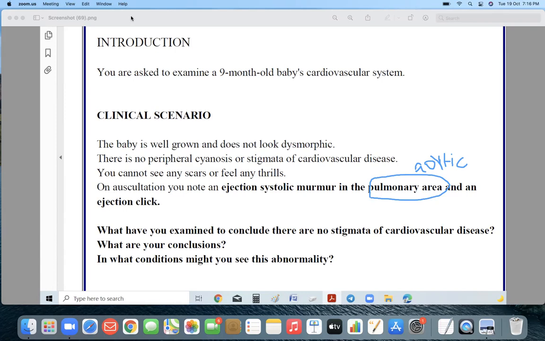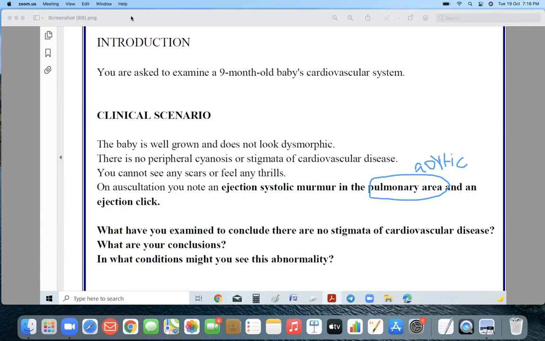Yeah, pulses are poor, weak. I did not check this. Peripheries are cold. Okay, cold peripheries. Then I will examine the pulse, assess rate, rhythm, volume, and character, and palpate on both sides. Is there any delay in the pulses?